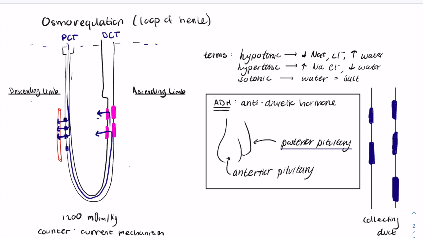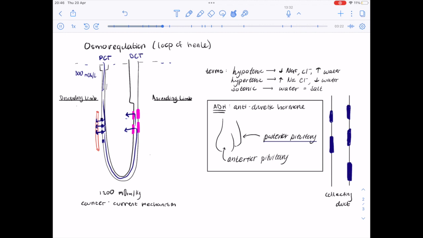So the filtrate starts over here, right, descending limb. When we first began, like I said, the proximal convoluted tubule, it's about 300 milliosmoles per liter. Correct? And as we go down, we're extracting more and more water, so our filtrate is becoming more concentrated, okay?